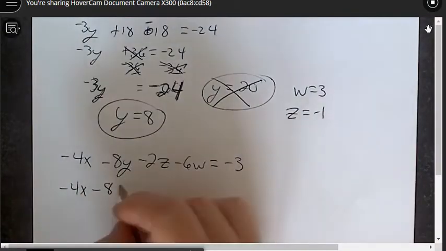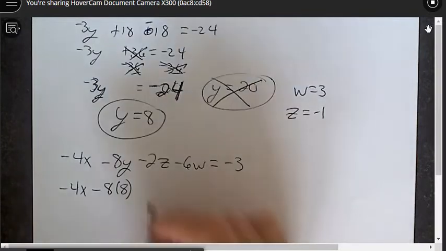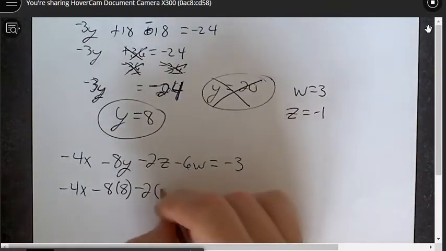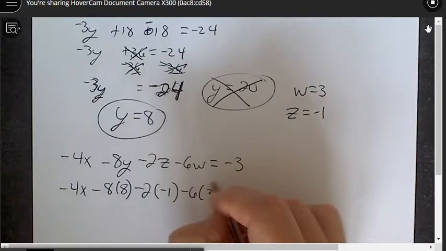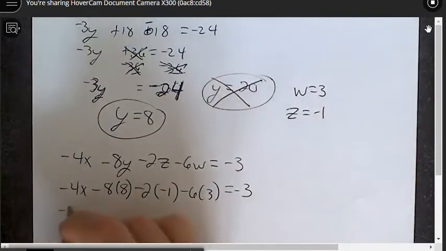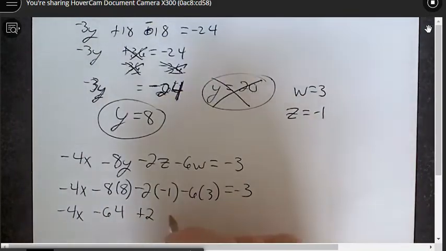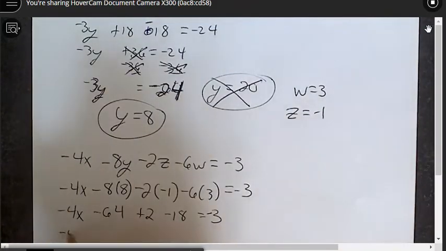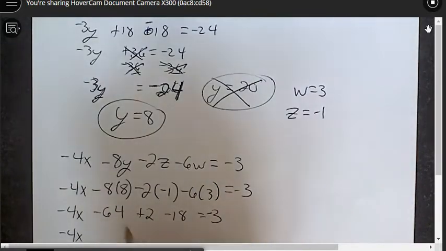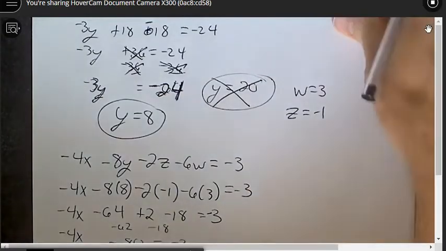Be careful with my signs here this time. That's an 8 minus 2 times negative 1 minus 6 times 3. That's going to be a negative 64, positive 2, and a minus 18. Okay, so negative 64 plus 2 would be negative 62. Minus 18, that's going to be a negative 80.